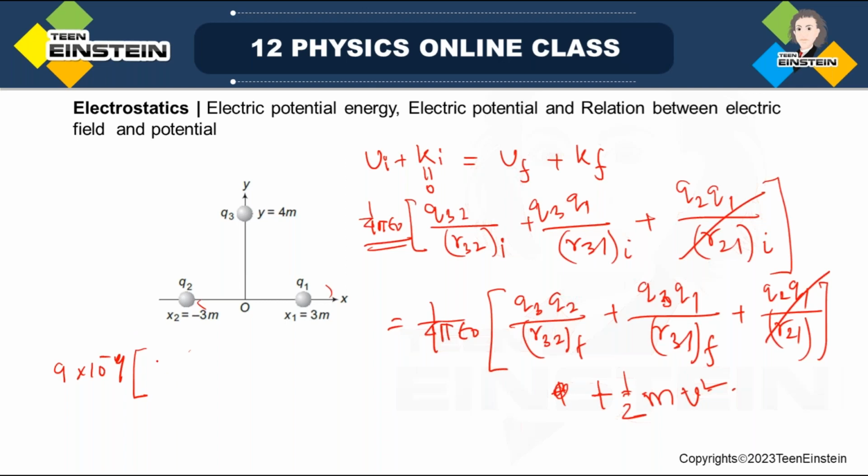Q2 and Q3, that means 2 microcoulomb, into 10 to the power minus 6 as well. R23 will actually be 5.